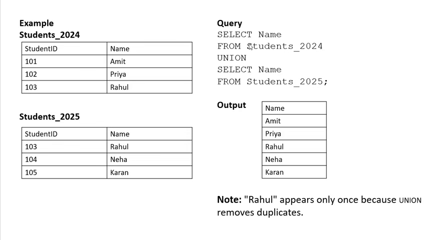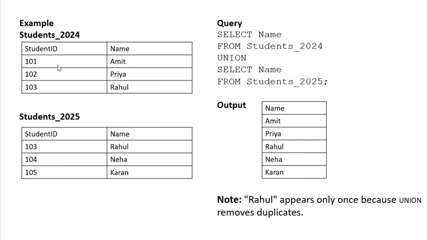So: SELECT name FROM the table student_2024, UNION SELECT name FROM student_2025, and a semicolon. The names column has to show in the output. ID 103 repeats two times, so Rahul is printed only one time.